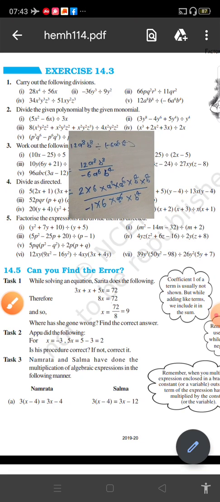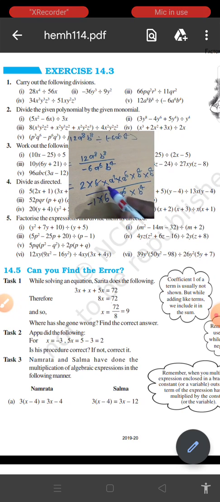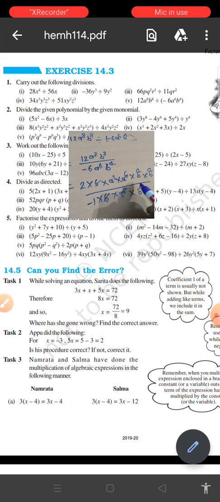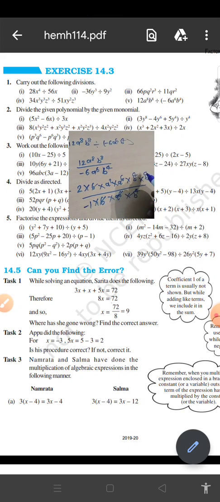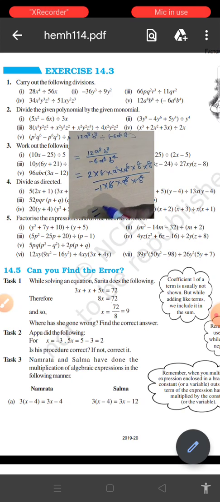So what is your required result? 6 is cancelled, a power 6 is also cancelled, b power 4 is also cancelled. Okay. So what is your required result?